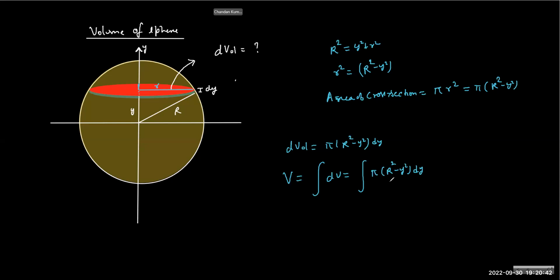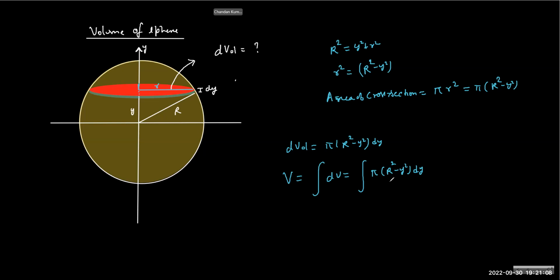So what kind of variable do we have here? The y is the only variable. Now, as you change the y, the disk will shift its location. So to cover the entire sphere, how must you vary the y?